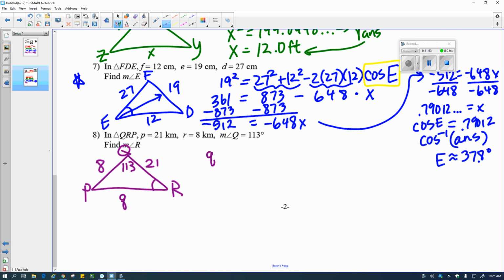So I'll do Q squared equals 8 squared plus 21 squared minus 2 times 8 times 21 times the cosine of 113. And again, I'll just plug that whole thing in my calculator and get the value.